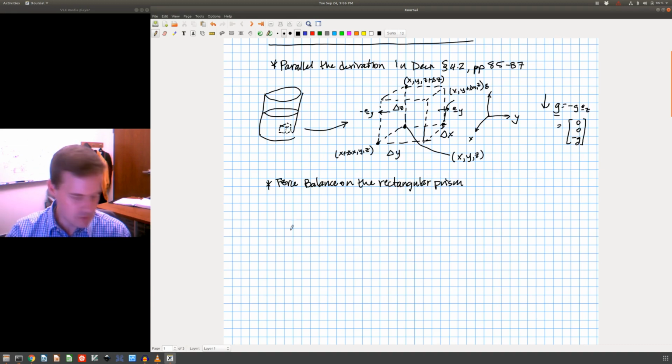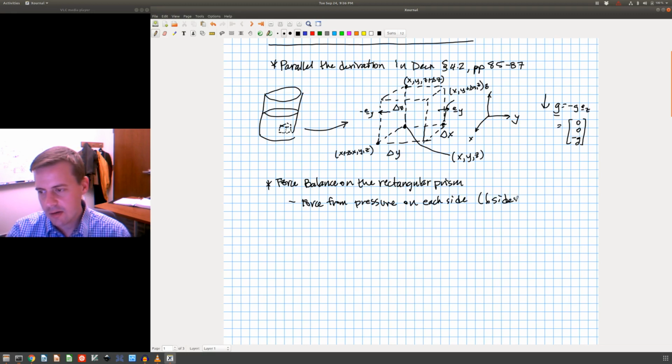Okay, so remember I said that there are two types of terms. There is force from pressure, okay, is one of the terms, on each side. And there are 6 sides.